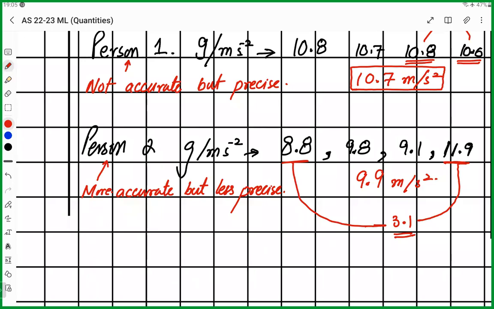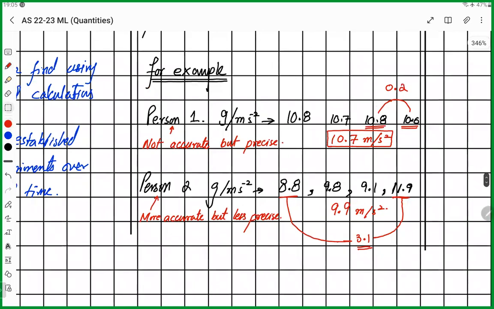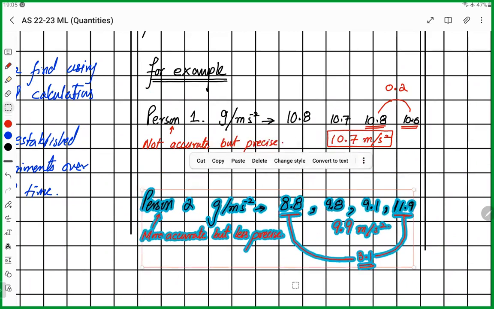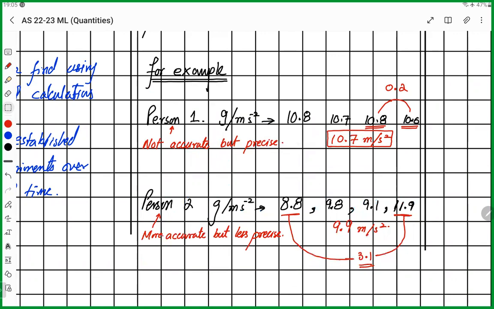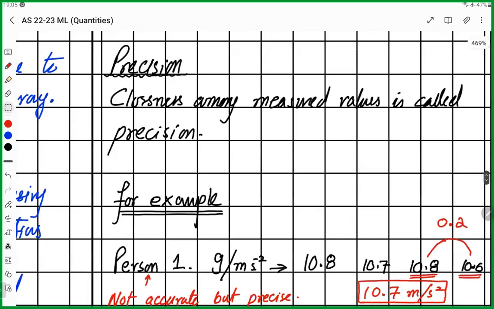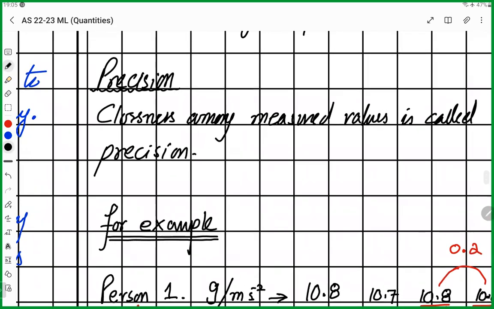Now I'm about to ask the most difficult part of the whole thing. So stay with me on this one. What kind of errors were made by person 1, and what kind of errors were made by person 2? Remember, precision is affected by random errors. Closeness among measured values is called precision.